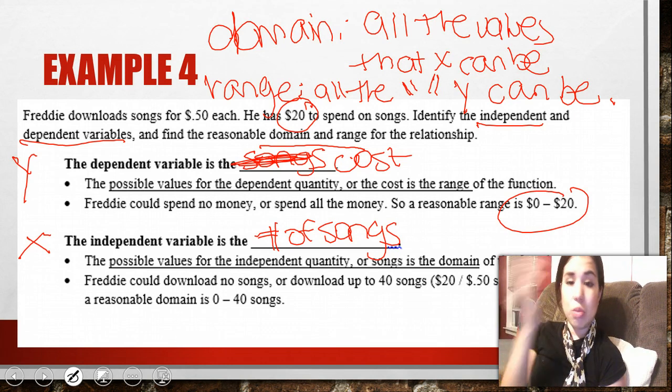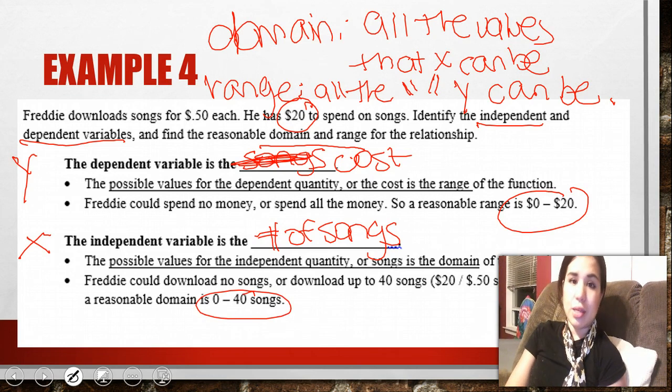So a reasonable domain would be from 0 songs, he can buy no songs, all the way up to 40 songs. Those are values that make sense in this particular equation and word problem that x can be, which is in this case the number of songs. And that's it.